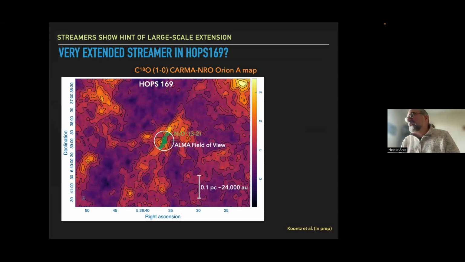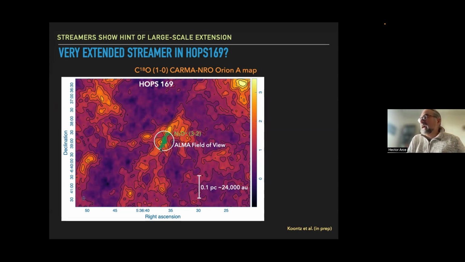But if you take a look at the large scale map of the gas surrounding the ALMA data, this here is the ALMA field of view. This is the N2D+ from the source that we were seeing, and you can see that the C18O from this large scale map obtained with CARMA and the Nobeyama telescope traces a structure that appears to be elongated along the same axis as the N2D+, but at larger scales.